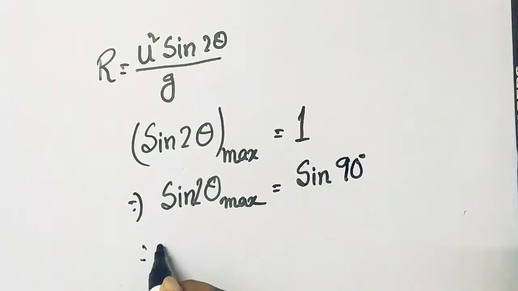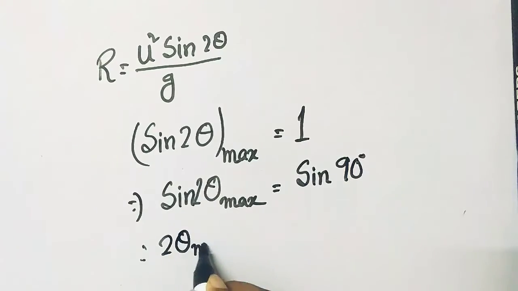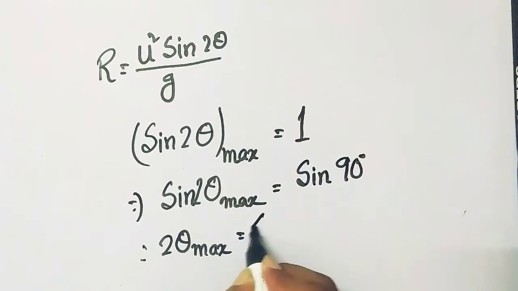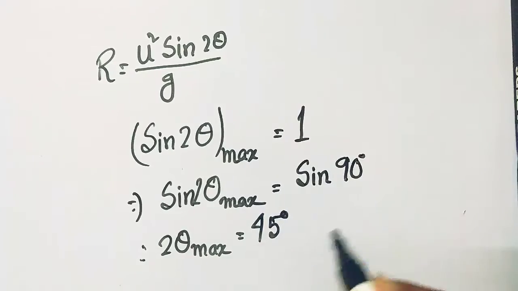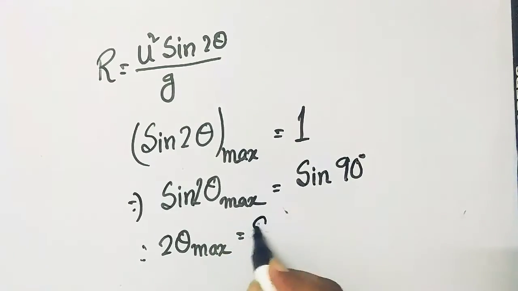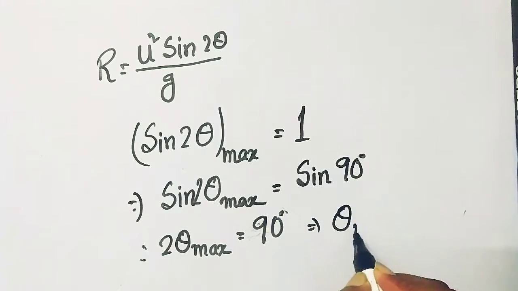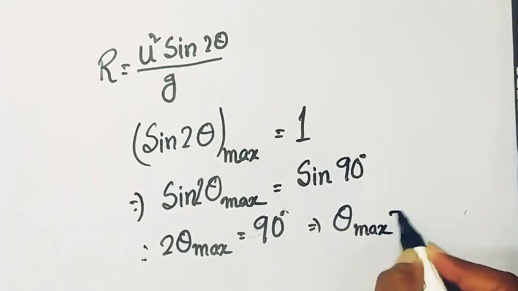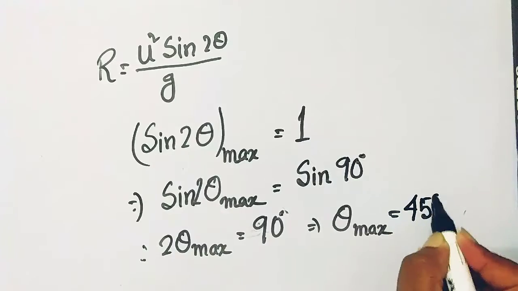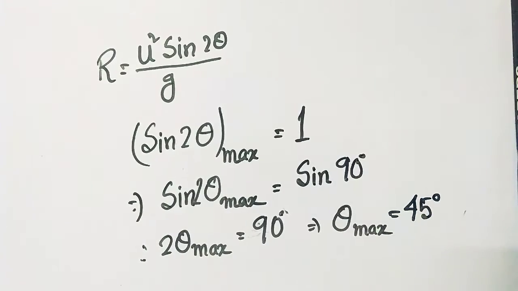So from here 2 theta max equal to 90 degree. If I divide it by 2, then theta max is equal to 45 degree. So we can find these things by the method of analysis. We can avoid the differentiation method.